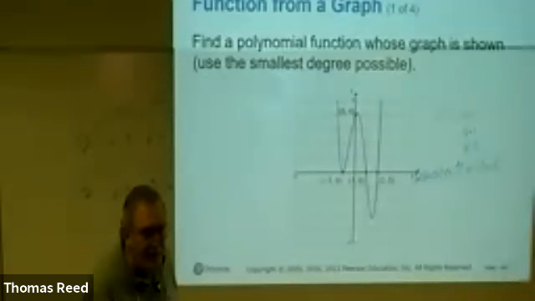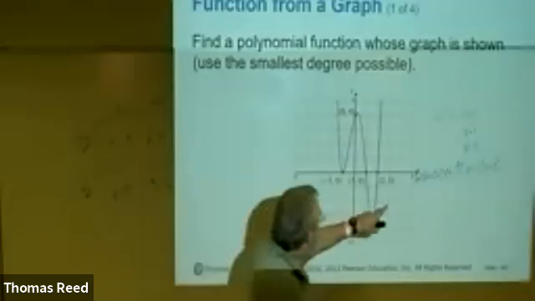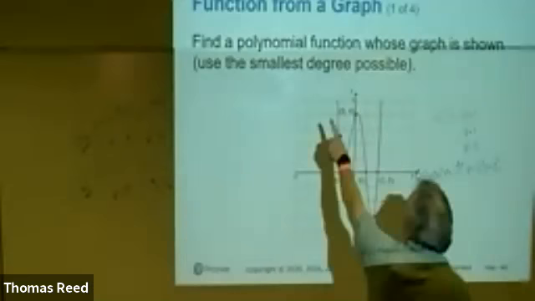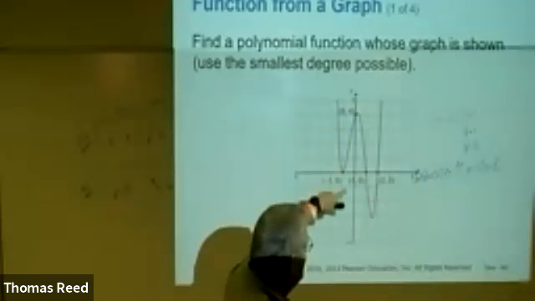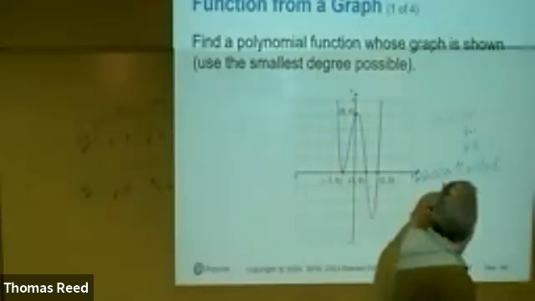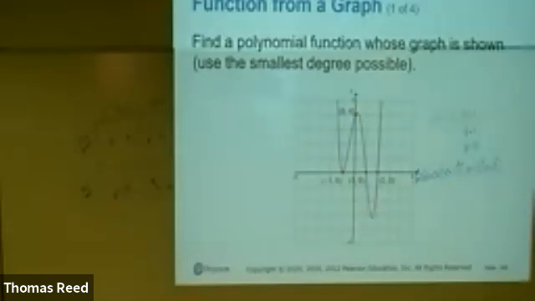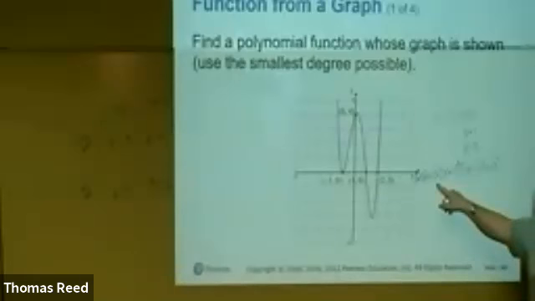Now, something that's very important is to find out what a is, because we want to write the polynomial function, not just a generic form of it, where this could be the equation, or it might not be. It all depends upon what a is. So this is basically a family of functions that have different leading coefficients.